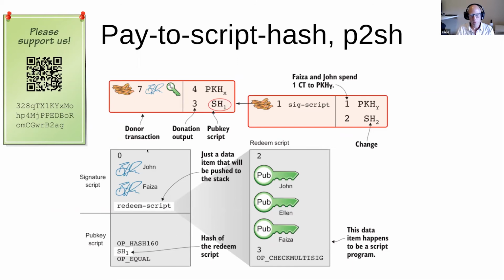And in the signature script, first of all, you have a redeem script, which is a program that would require 2 of 3 signatures. And the hash of this script is this script hash down here. So that's important.